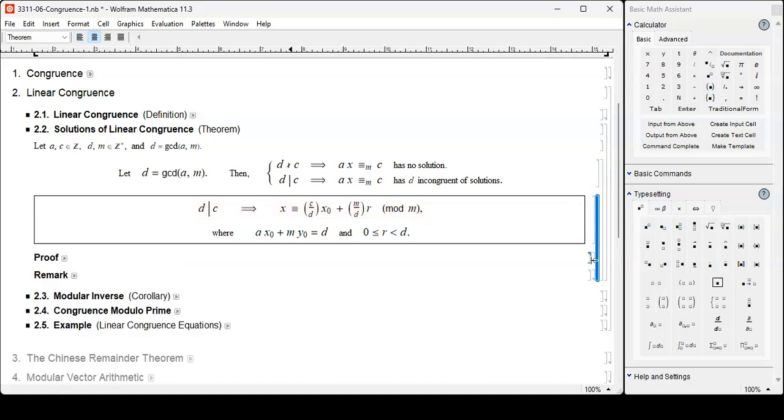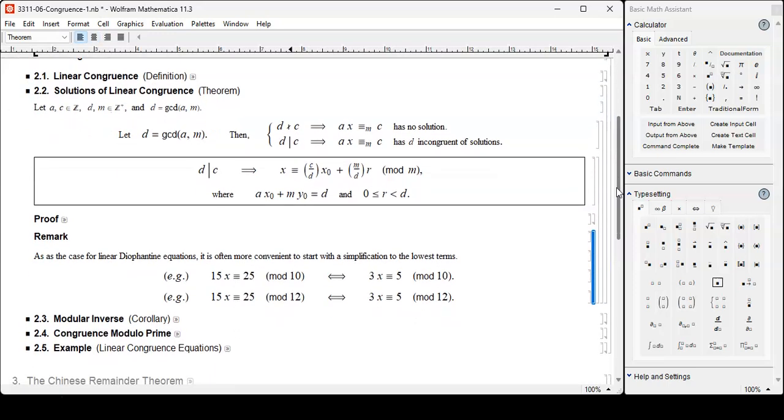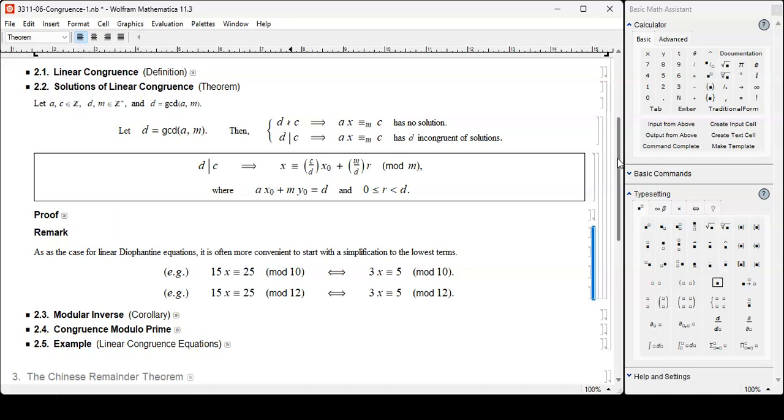Oh, by the way, besides the proof, we have a remark here. What is it? Oh, yes. This theorem and the general solution are written in the general form, but it's not the most convenient form. The most convenient form is after simplifying to the lowest terms. Here's an example. 15x is congruent to 25 modulo 10. Instead of working those out directly with the formula, yeah, you can do that, but nobody will actually do that, I think.